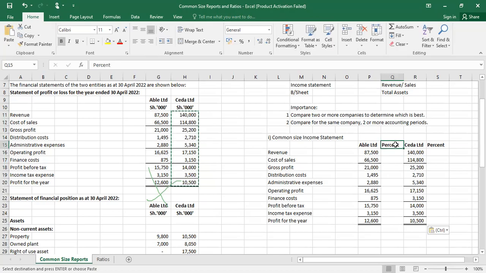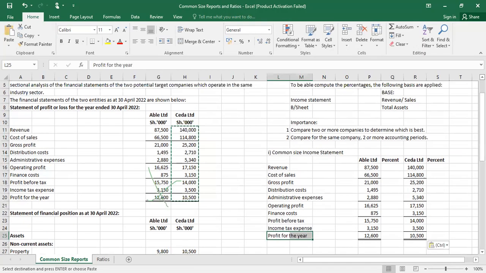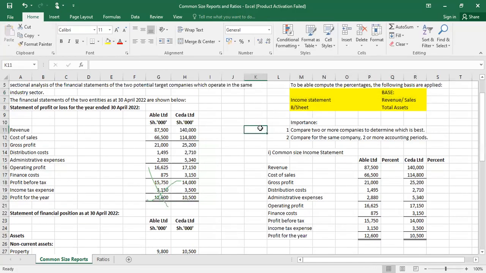Like now for this P&L for company Cedar, for each of these items from revenue all the way to the profit for the year, we compute a percentage ratio. For us to determine the percentage ratios, there must be a basis of calculating that ratio, so you must refer to that.